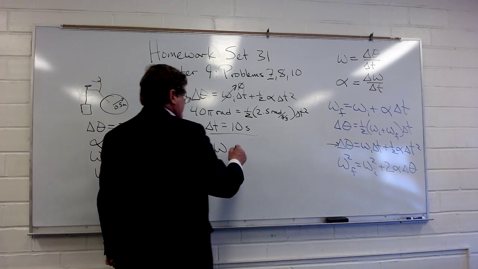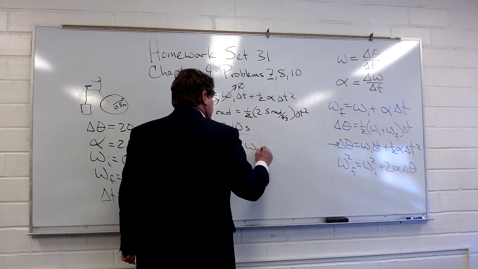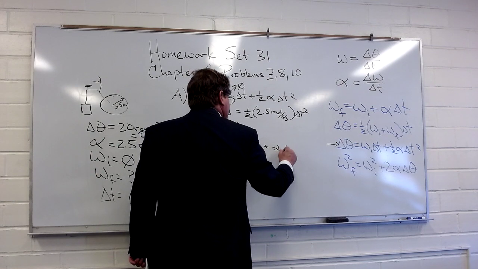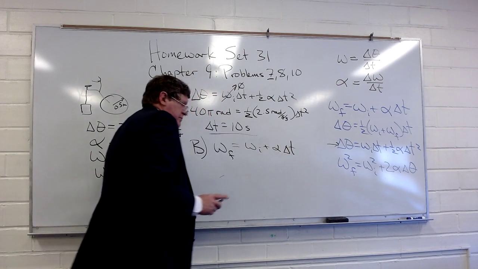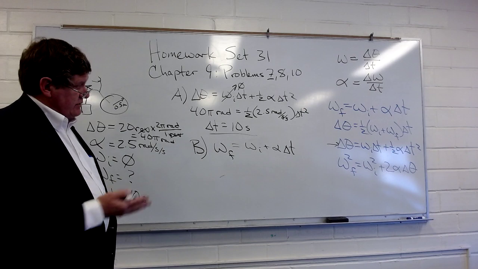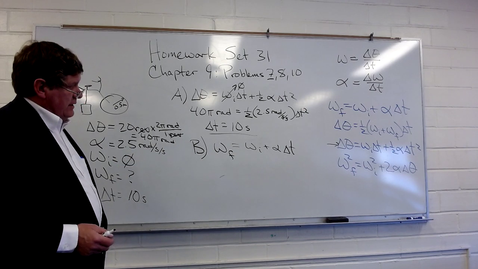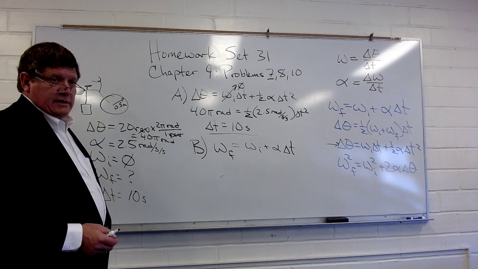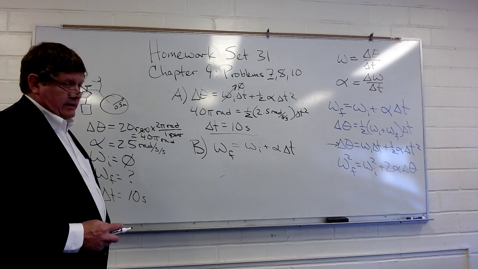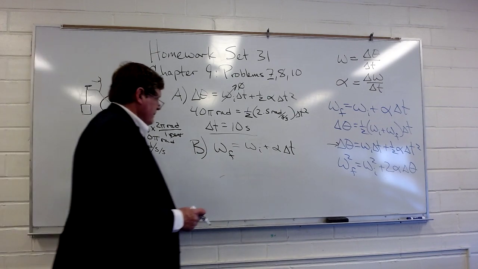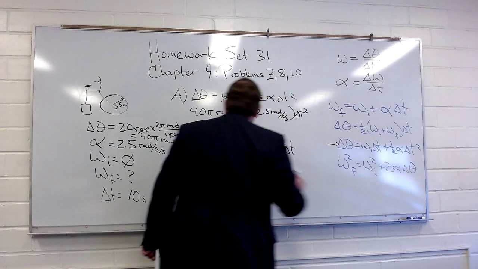I could just say that this is going to be omega initial plus alpha delta t. But just for kicks and giggles, let's try a different approach. There's 3 different equations over there that are going to give me the same right answer. So let me use the 4th equation.